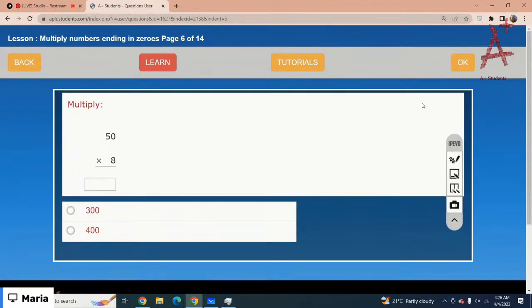Okay, the next one is 50 times 8. So 50 times 8 is, 8 times 5 is 40.